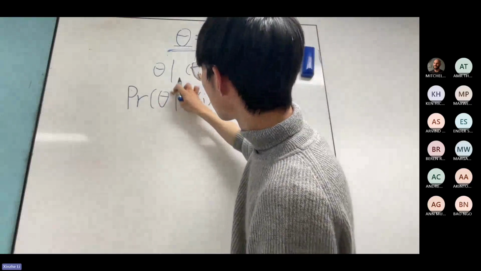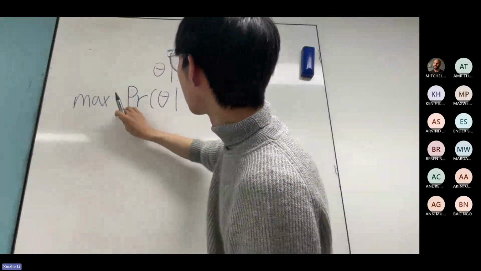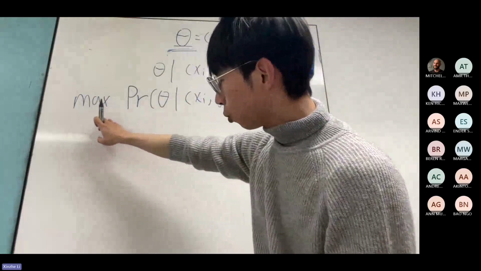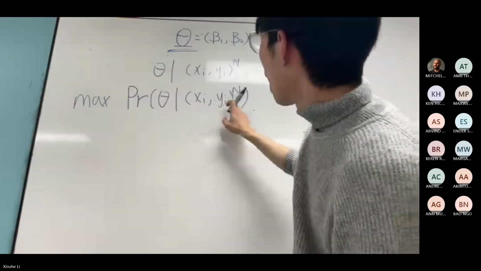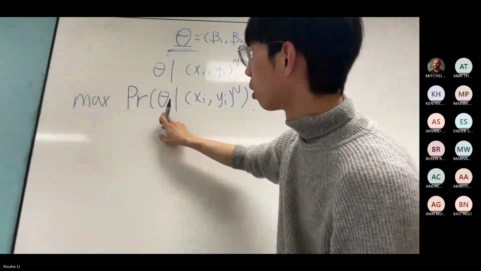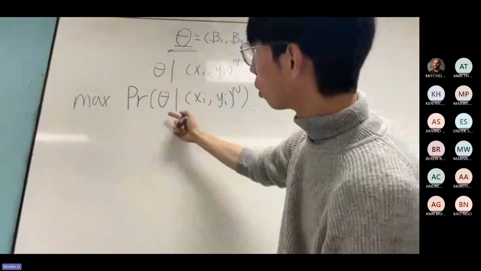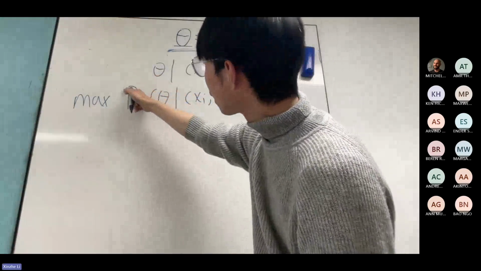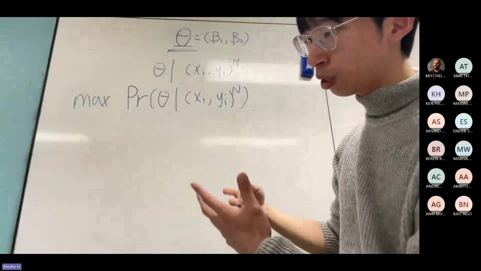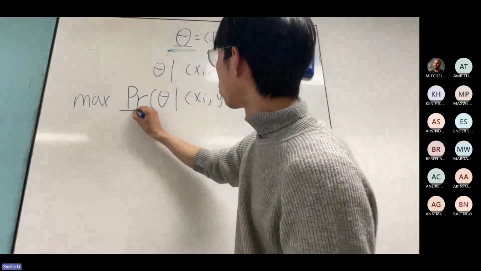I will find the optimal parameter when we maximize this probability. Intuitively, I give you the training data, and what are the most likely parameters? That equals the parameters with the biggest probability. The two expressions are the same, so now we translate into this form.